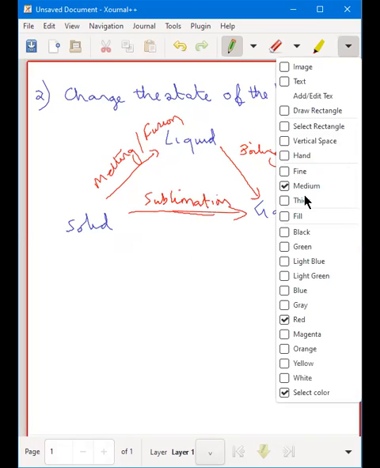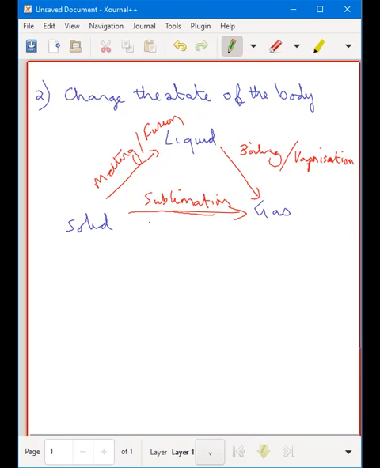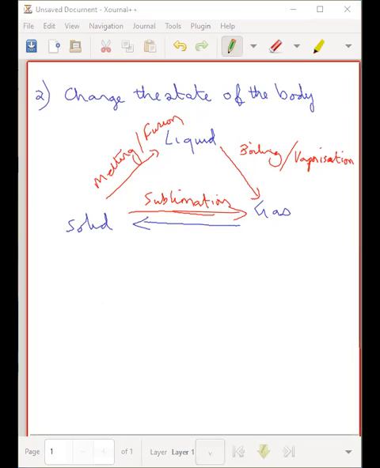So now let's go to the reverse part. Let me do it in blue again. Gas to solid. Sarah Vastani, gas to solid. Sarah Vastani, are you there? Sia, are you there?